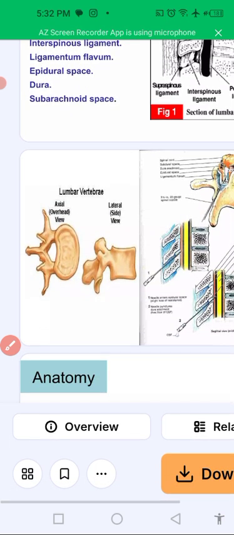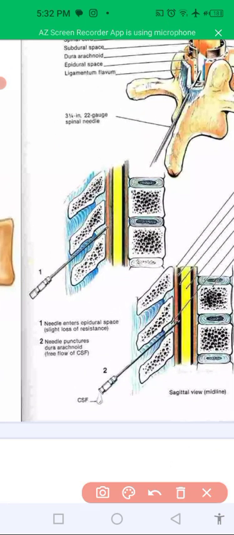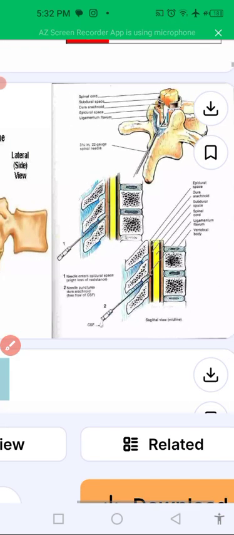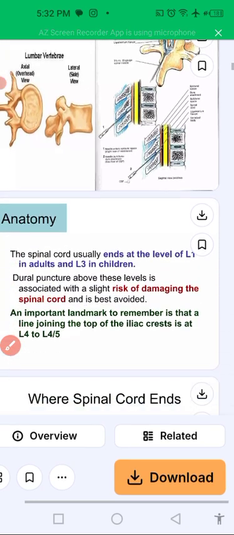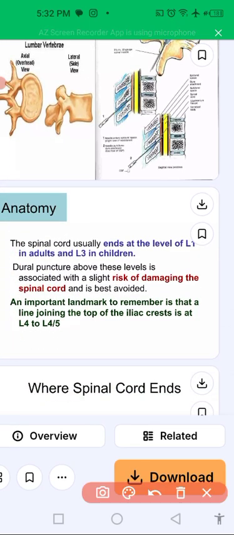So we have to insert the needle in such a way that it does not meet obstruction from bones, the spinous processes of the vertebrae. We have to take care of that with technique.